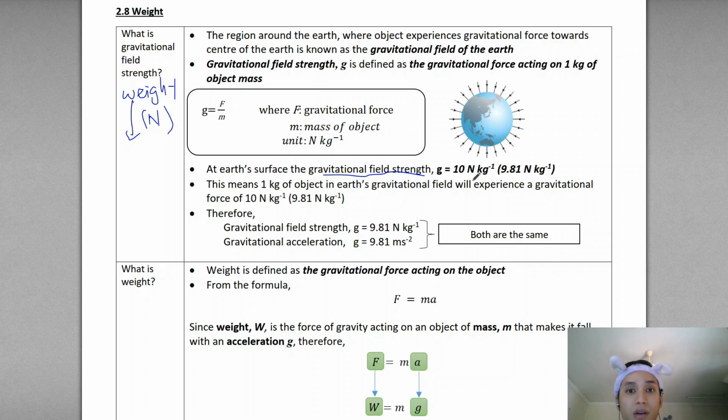On Earth, our field strength is 9.81 newton per kg. If you notice, the unit is the same as your gravitational acceleration. It's actually the same thing. So for every 1 kg on Earth, the force that you are experiencing is 9.81 newton, or we can also say 10 newton.